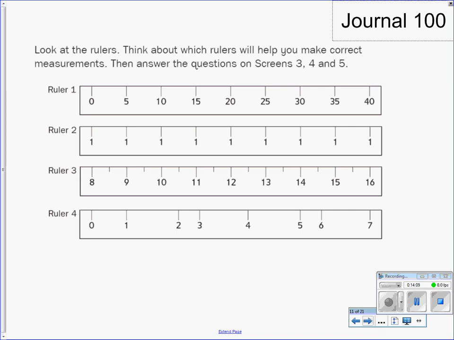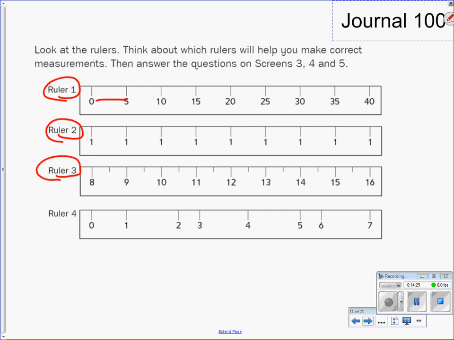Which one cannot be used? Rulers 1, 2, and 3 can be used to measure because they have the same size unit.